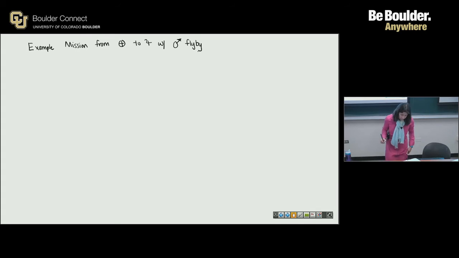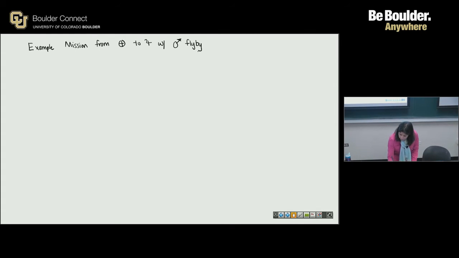Okay. So essentially Earth to Mars to Jupiter. So we're flying by Mars.